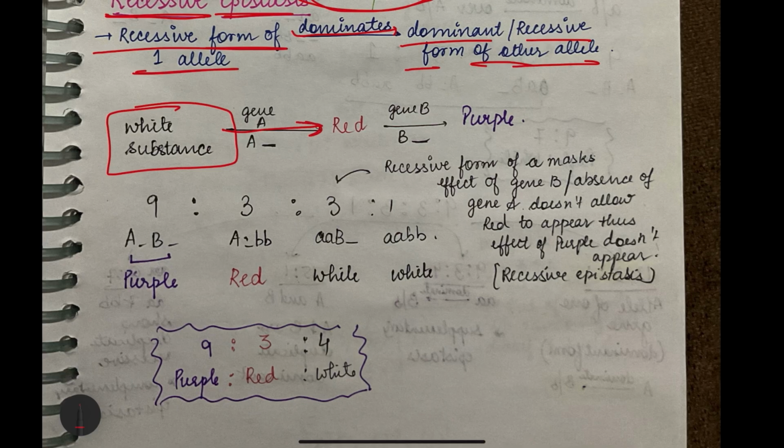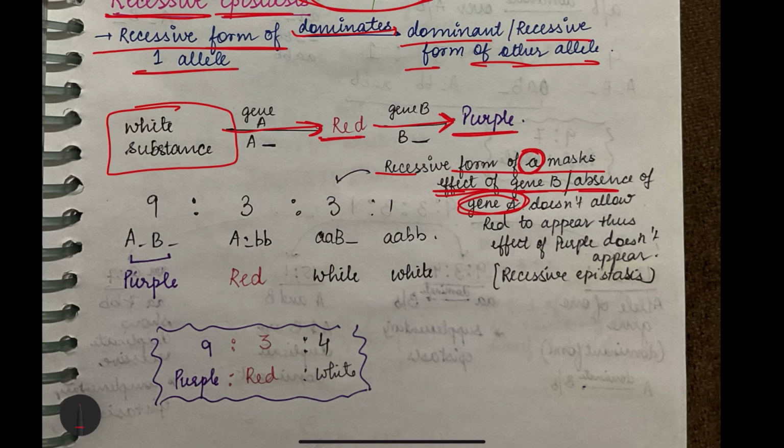Then gene A acts over the white substance and forms the red one. Then if, complementary to gene A, gene B acts, it gives purple color. But here the recessive form, small a, masks the effect of gene B in the absence of gene A.